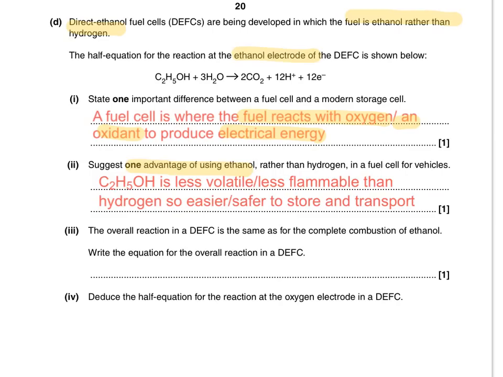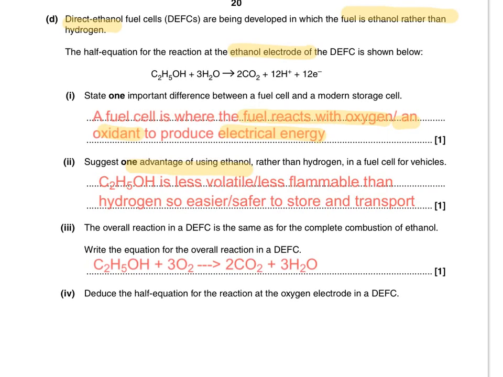So here's the equation coming up for the overall reaction. So then it asks us to deduce the half equation for the reaction of the oxygen electrode. So to do this I'm going to move the page up a little bit.